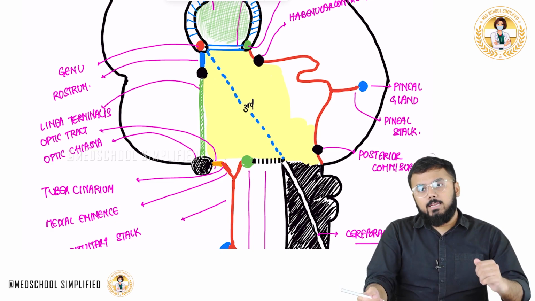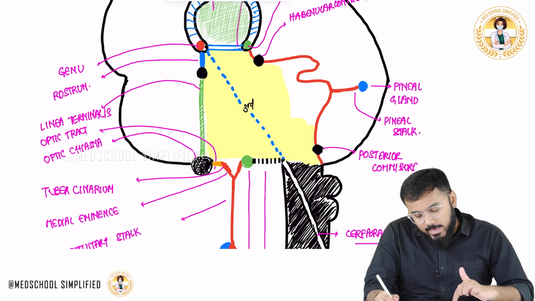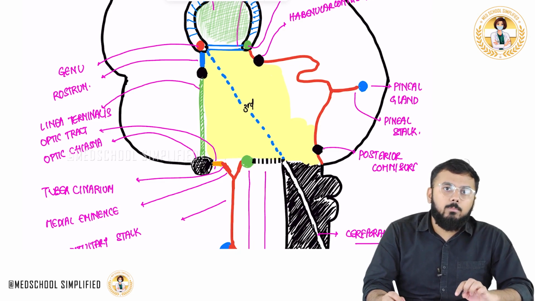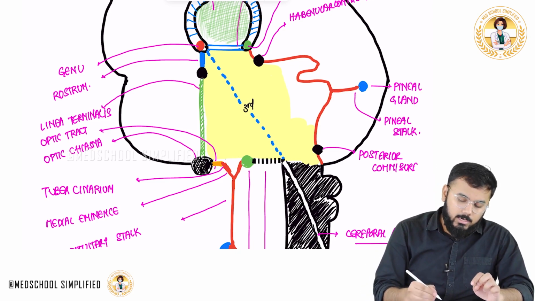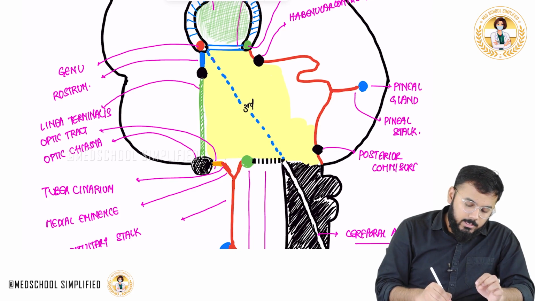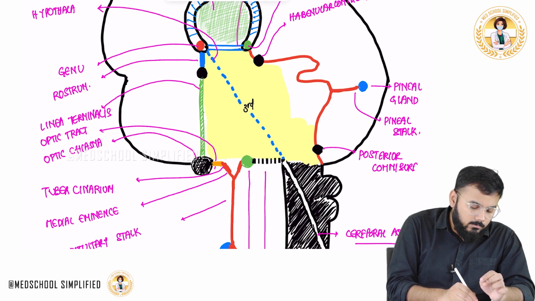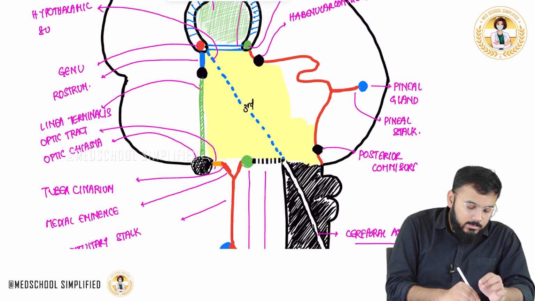Okay, so when I divide the third ventricle into two halves, the sulcus over here is called the hypothalamic sulcus. What is the name of this sulcus? This is called your hypothalamic sulcus.